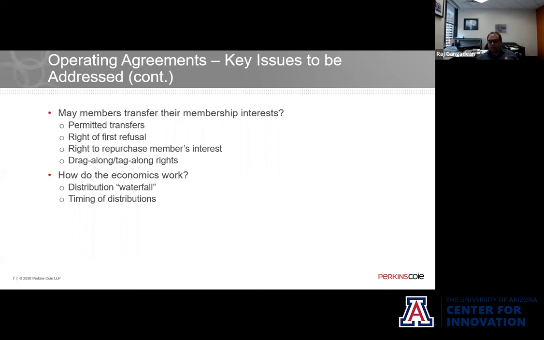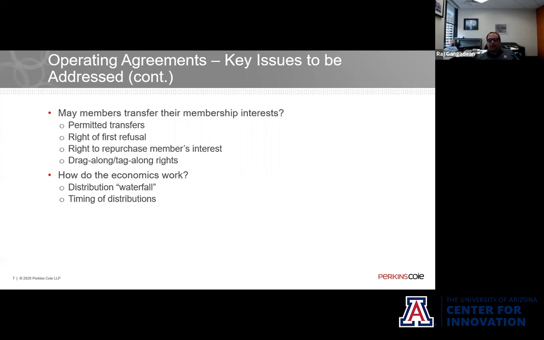Now, you might have profits that get allocated to you as income personally, but if there are no distributions of cash that go along with it, you're in a bad position because now you've got extra income and you don't have any cash to make the payment. So sometimes there are provisions in operating agreements that require the company to at least distribute amounts sufficient to allow the members to pay their taxes.